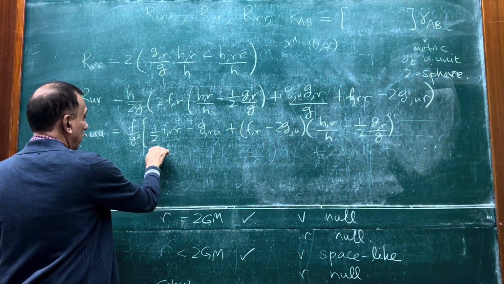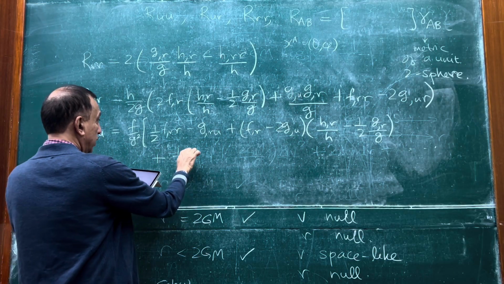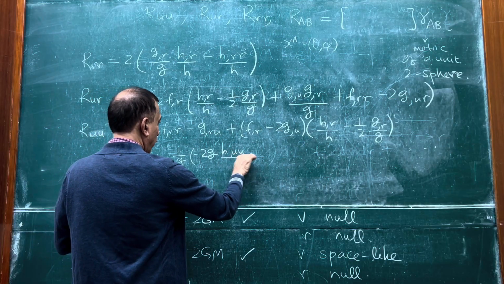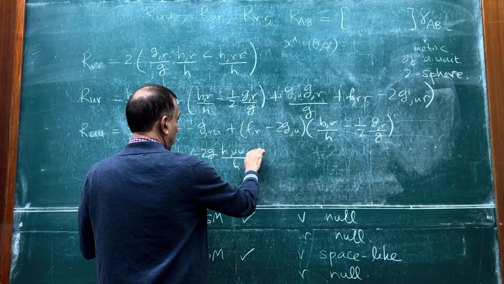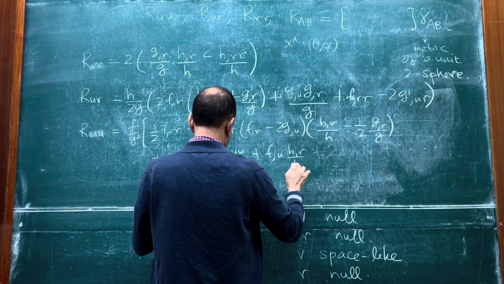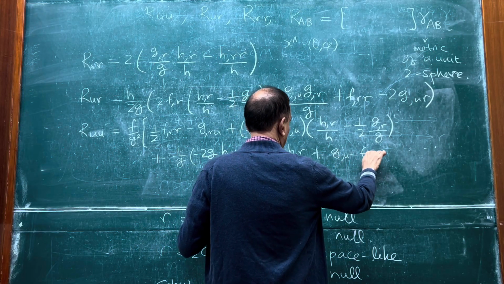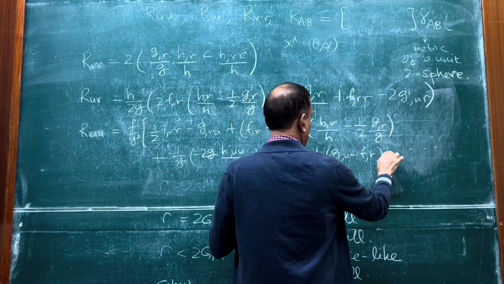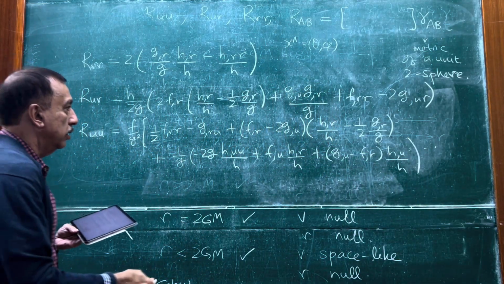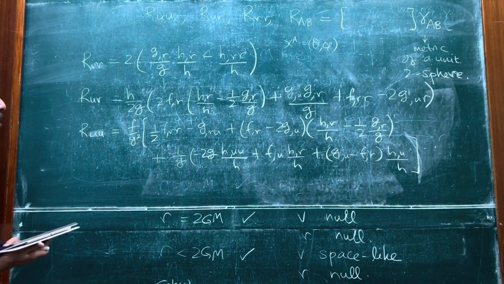We'll see that it's much more tedious to write the equations. Luckily, if we start solving them intelligently, we'll be able to do it very fast. There. That is R_UU.